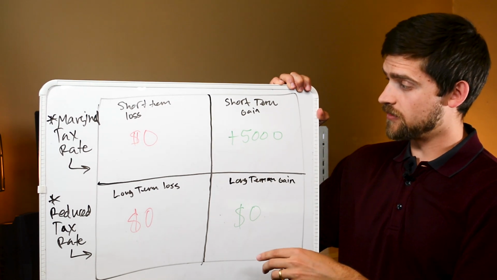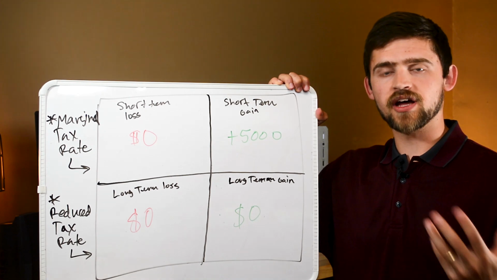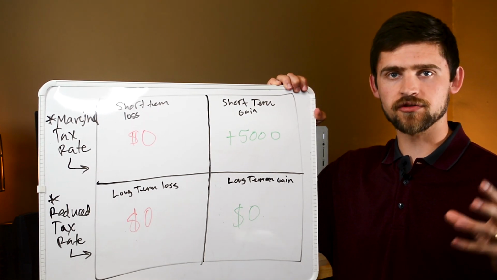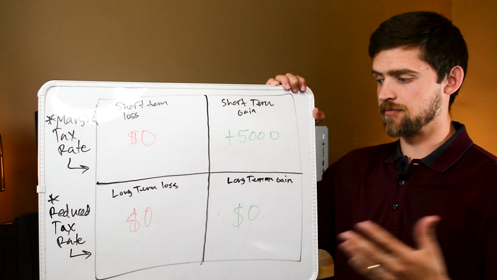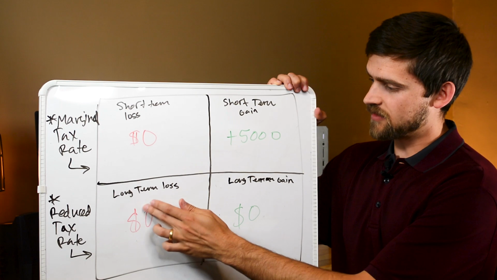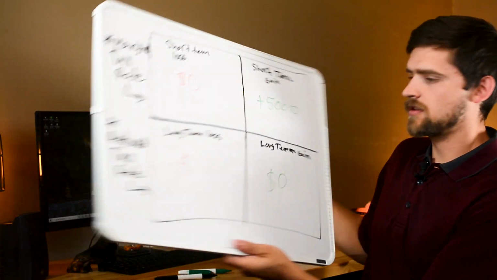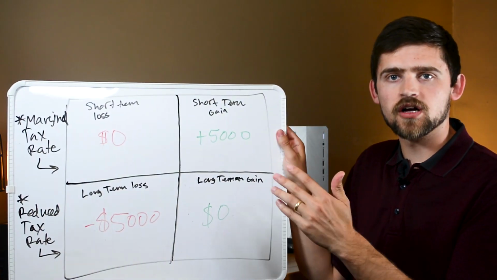Now, what you can do is maybe you have a stock in your portfolio that you've held for many, many years and it's just a big loser and you want to get rid of it and you want to buy some other stocks that you think are going to perform better over the short term. So let's say instead of $0 here, you go and you sell enough long-term losses to book negative $5,000 in long-term losses.